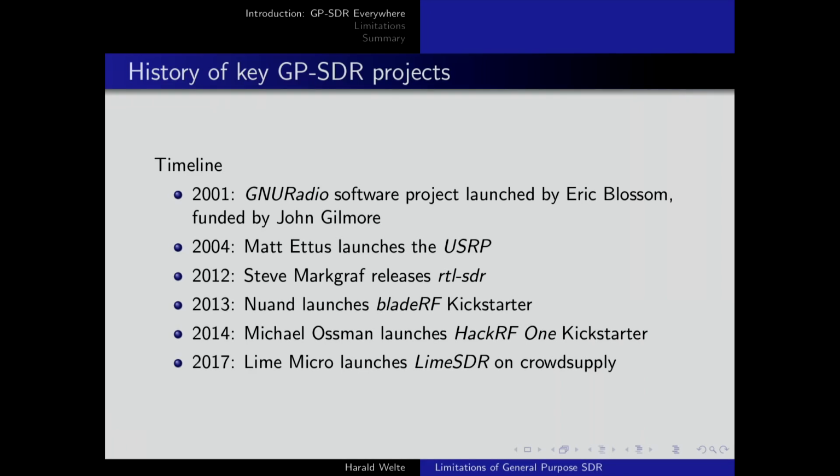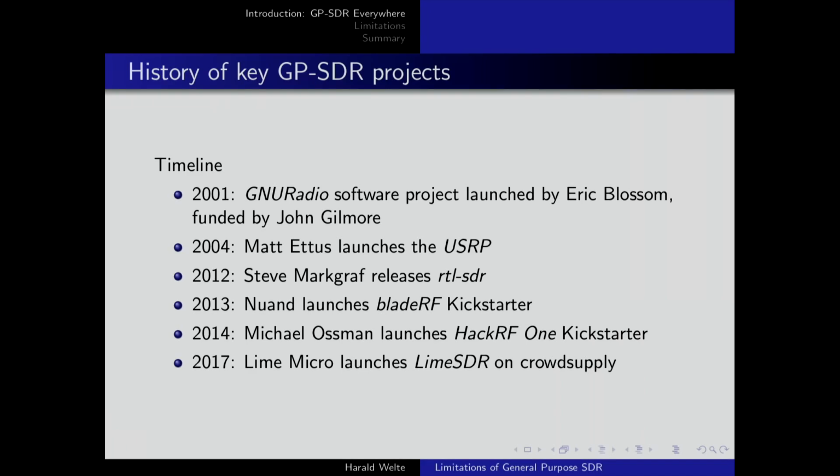In 2004, Matt Ettus, who is here with us at the camp, launched the first USRP device, the Universal Software Radio Peripheral. And then in the last 10 years or so, lots of new devices and software that enables devices have been published.